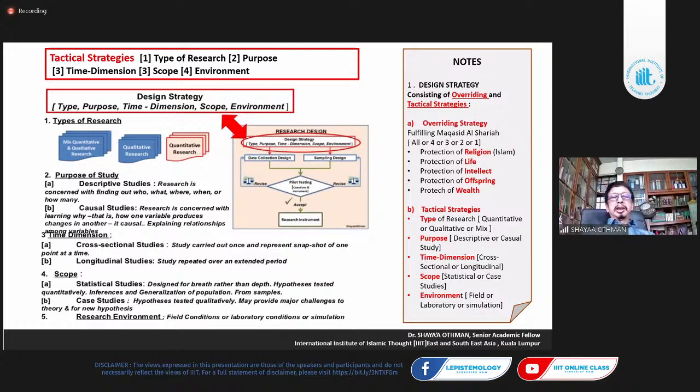For example, for intellectual advancement, you can see that the dichotomy of knowledge should be integrated into one. Okay, the protection of offspring, it should protect the offspring.